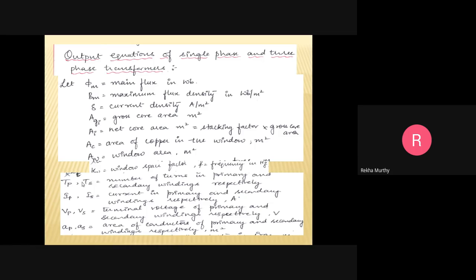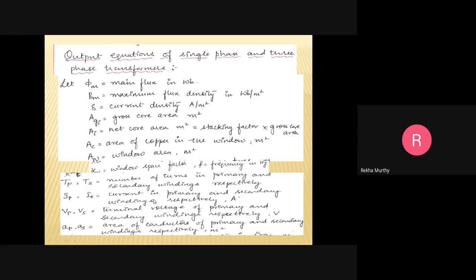Voltage in the primary was V1 and in the secondary V2, which you studied. But in this course you are going to utilize VP and VS. P for primary, S for secondary. What is AP? That is the area of a conductor of the primary winding. What is AS? Area of a conductor of the secondary winding.